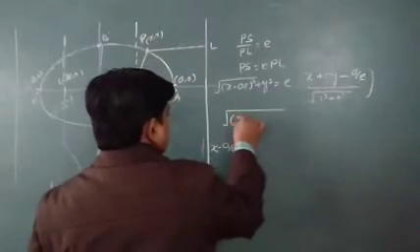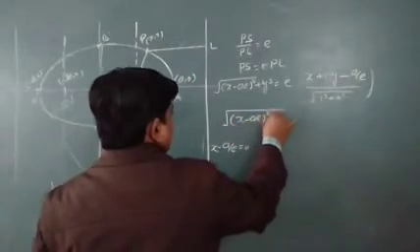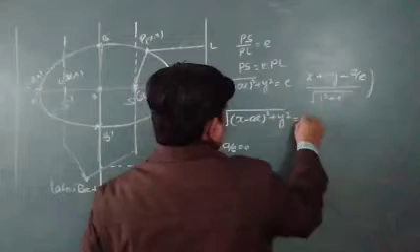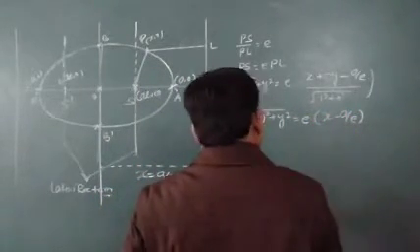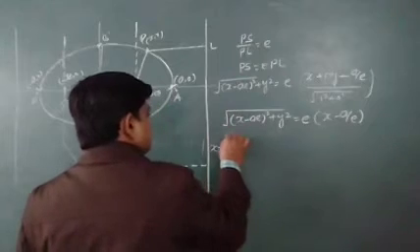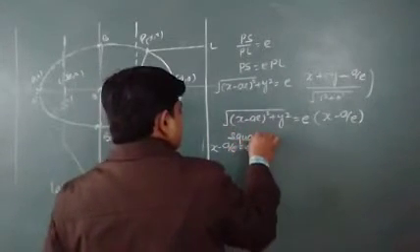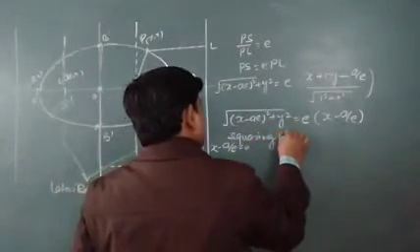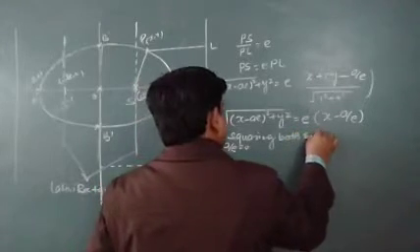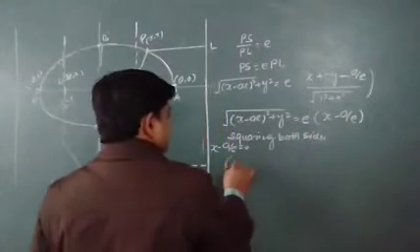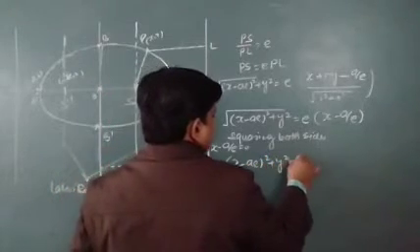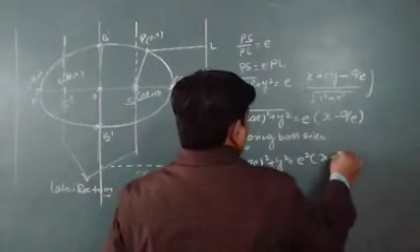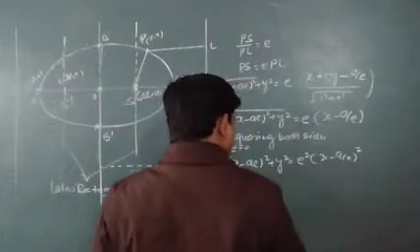It is √((x - a)² + y²) = e|x - a/e|. Now, squaring both sides, I will get (x - a)² + y² = e²(x - a/e)².